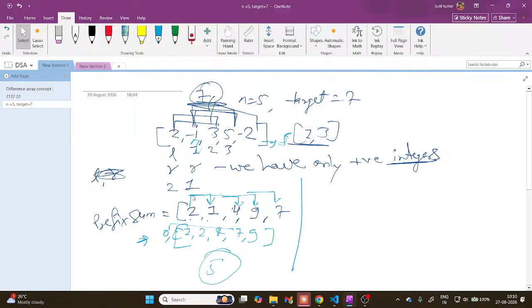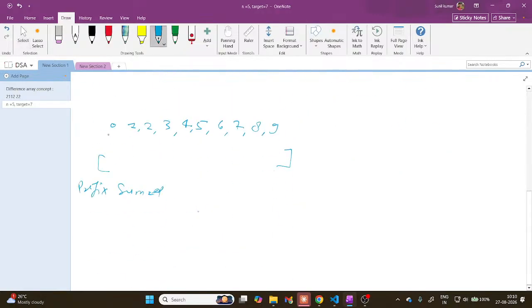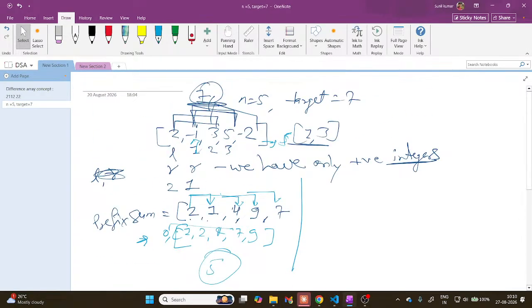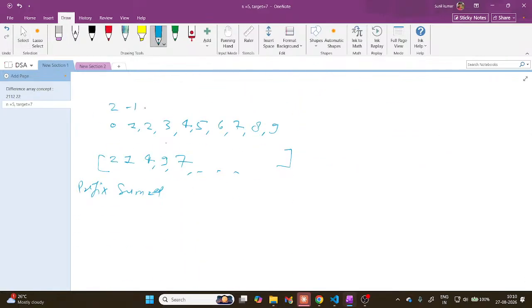Let's say we have this prefix sum 2, 1, 4, 9, 7. This is our running prefix sum for the given array 2, minus 1, 3, 5, minus 2, and the target is 7.